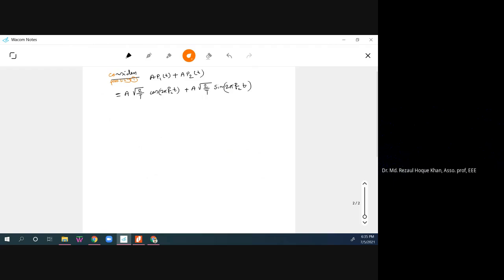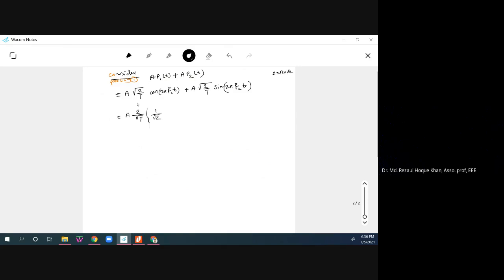Now we need to modify this equation. Square root of 2 into square root of 2 is 2, so we write 2 and divide by square root of T to make it equal.